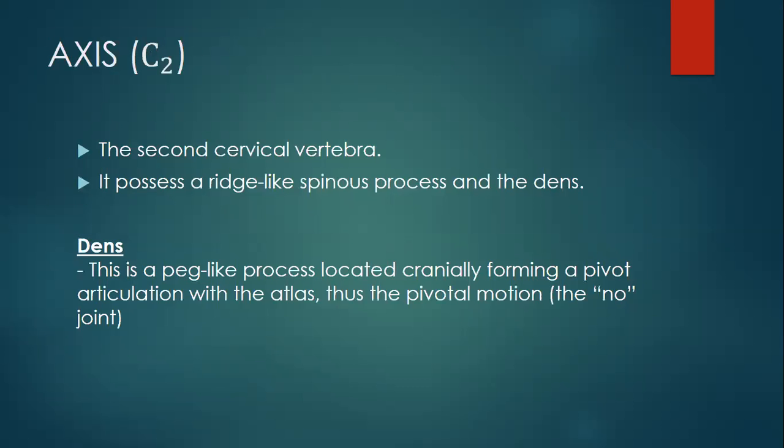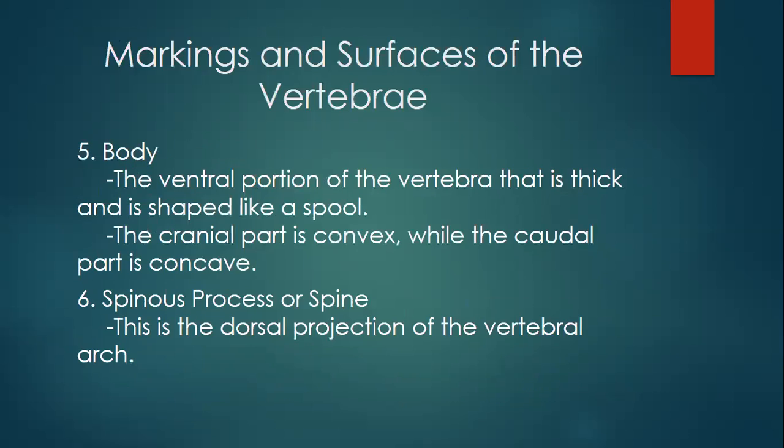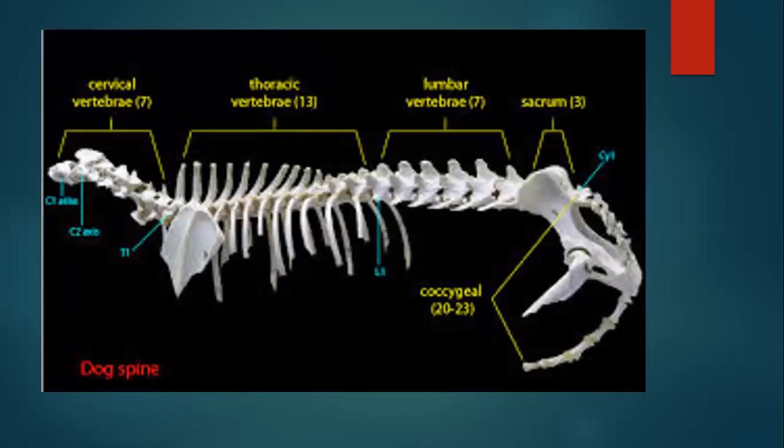So if you take a look from the previous slide, here we go. These are your thoracic vertebrae. This is T1, T2, T3, T4, T5, T6, T7, T8, T9, T10. Take note of their spines. They are leaning towards the tail or caudal area.